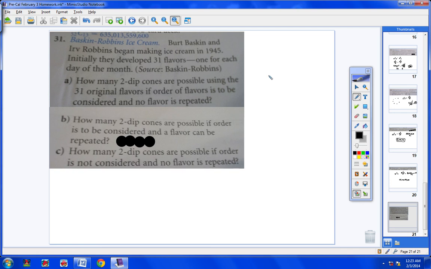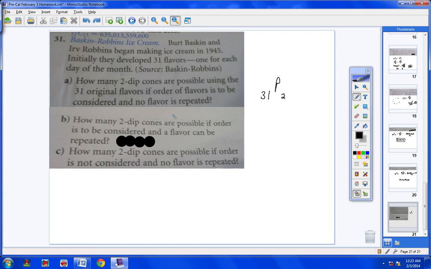So we have 31 objects, 31 original flavors, and we want to find permutations of 2. Now I put a P here instead of C because we're not dealing with combinations, we're dealing with permutations. And how did I know that? Well, for the third time, because it says order is to be considered.